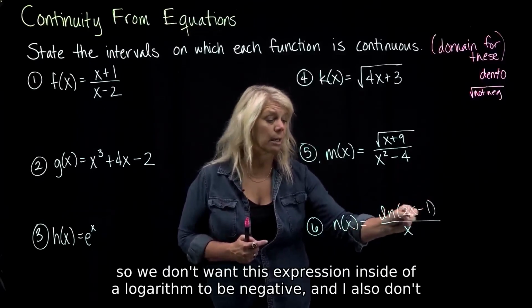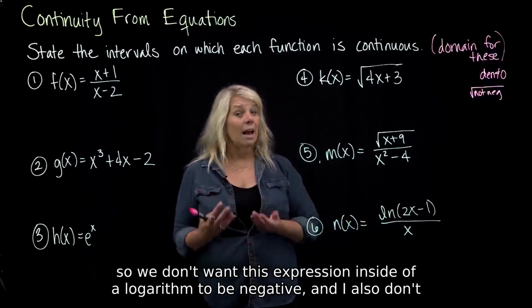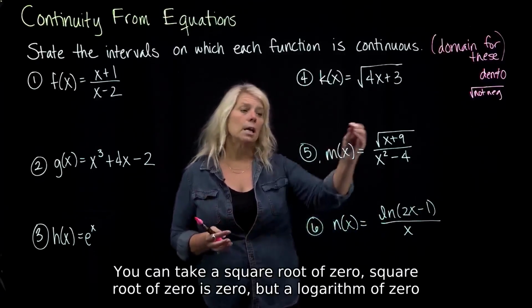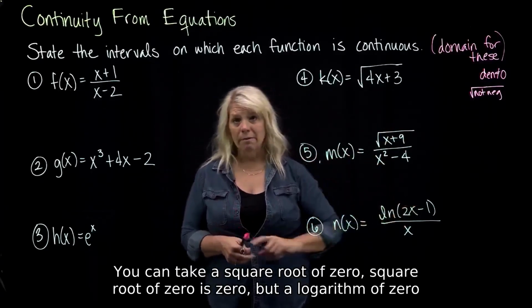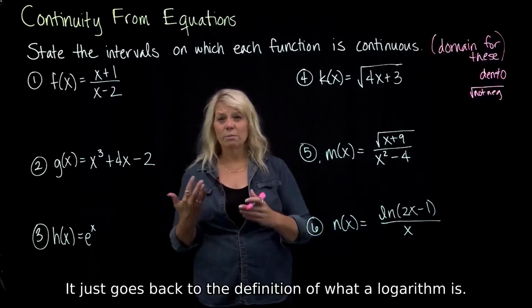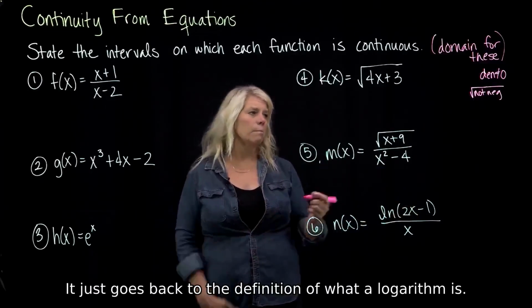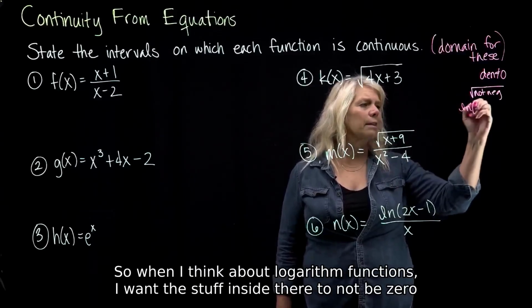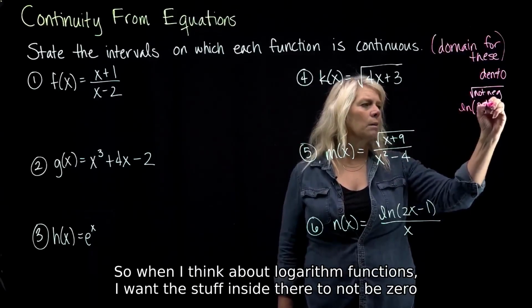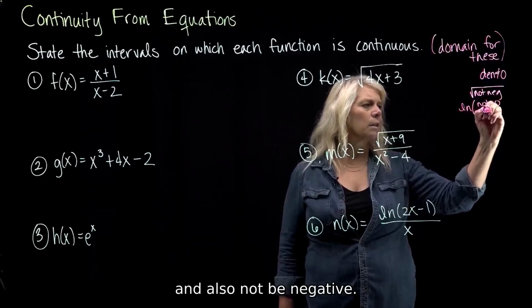So I don't want this expression inside of a logarithm to be negative, and I also don't want it to be 0. I can take a square root of 0. The square root of 0 is 0. But a logarithm of 0 is undefined. It just goes back to the definition of what a logarithm is. So when I think about logarithm functions, I want the stuff inside there to not be 0 and also not be negative.